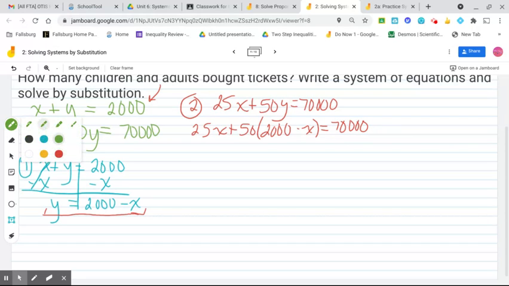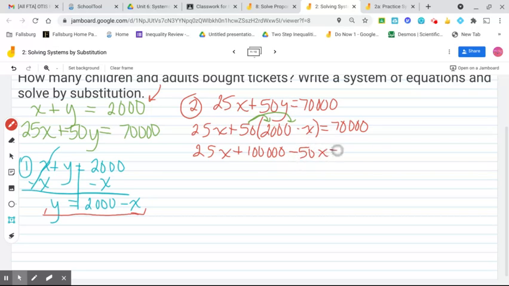Our next step here is to distribute. So I have 25x. I got some big numbers here. I have 50 times 2,000, which gets me 100,000. So plus 100,000. It's a lot of zeros. And then 50 times negative x gives me negative 50x. That's equal to 70,000.